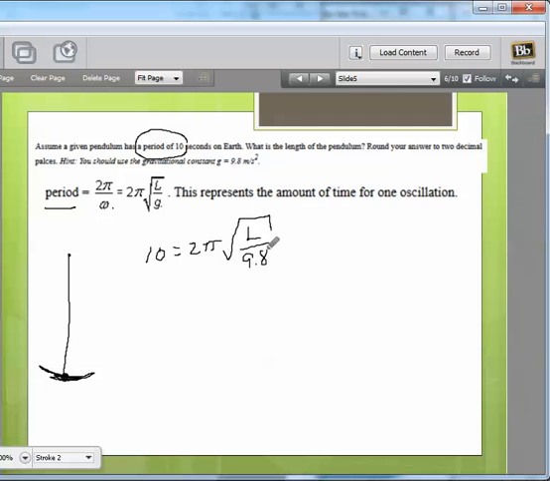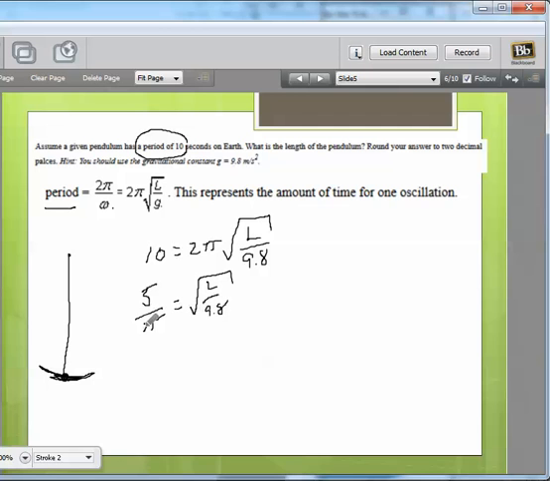Where'd the 9.8 come from? 9.8 is the gravitational constant. So I can now divide by 2 pi, and I'm going to get 5 over pi is equal to the square root of L divided by 9.8. You know, square roots, I don't like those.